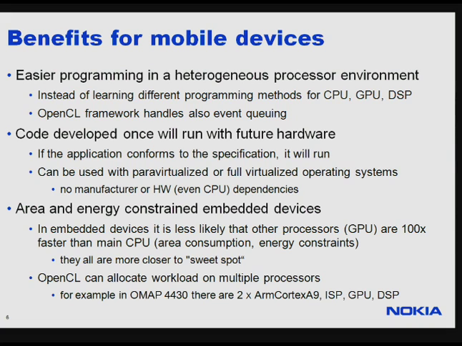There's not really room, at least power-wise and silicon area-wise, to have parts of the processing blocks that are much faster than the others. But then you typically have quite a lot of different kinds of processing elements available. For example, on OMAP 4, you might have a couple of ARM CPUs, then an image signal processor, a graphics processing unit, and DSPs for video and voice and so forth.